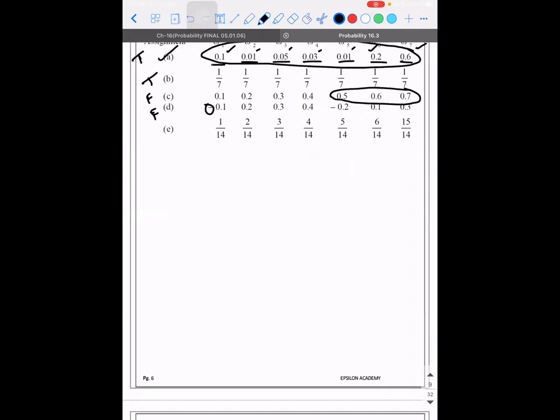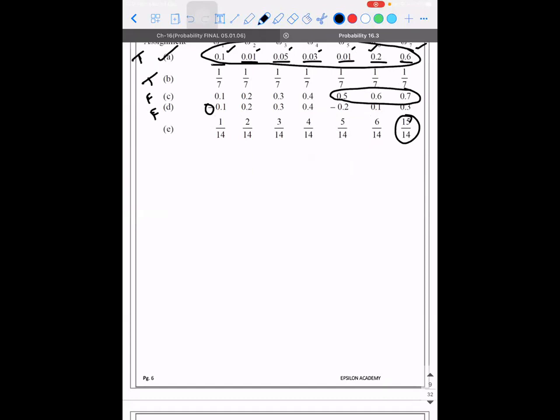Fifth one, 15 by 14. The numerator is greater than the denominator. It's greater than 1, so it's not possible because one of the probabilities itself is greater than 1. In the last three scenarios, I'll tell you the reason you're supposed to write.